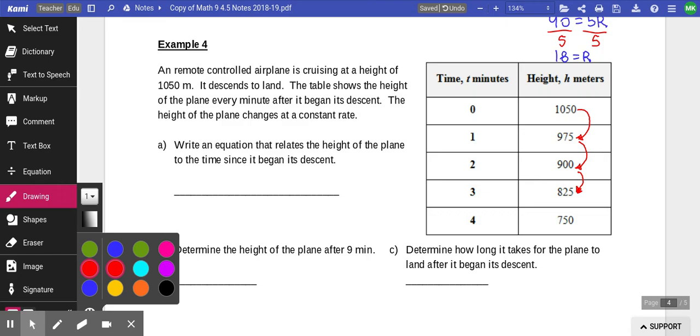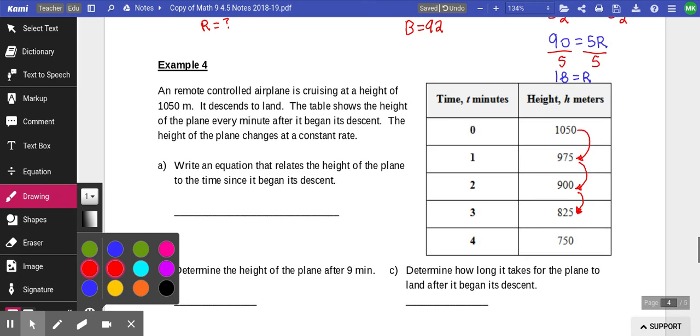In this case, if you throw in your calculator 1,050 minus 975, it will tell you that the difference between those two values is 75, which means what's happening every time is you're subtracting 75. And notice that it's a subtract 75. That's my rate. It's not just a 75.